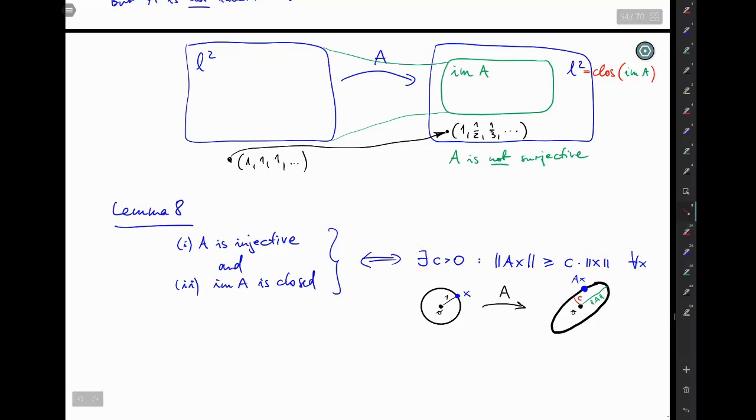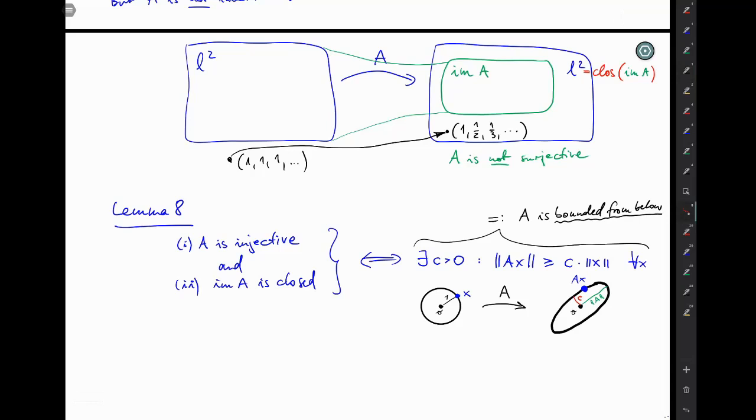In the worst case, your ellipse could be collapsed to something lower dimensional, just a line or whatever the dimension of your space is, in which case little c would be 0 and then this would not be in force. And there is even a name for this condition on the right here: the operator A is bounded from below. Okay, so we even squeezed a little definition into our lemma 8.